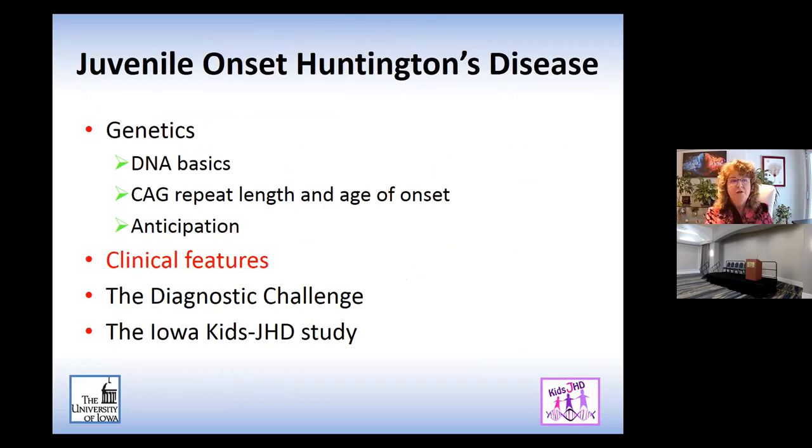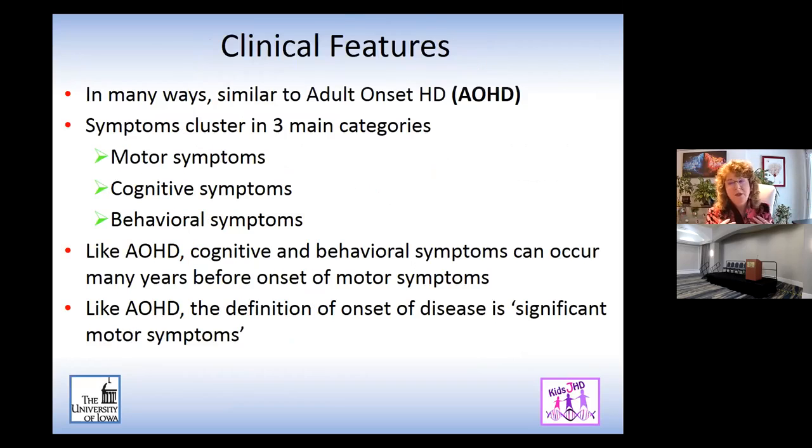So what about the clinical features? In many ways, it's the same disease as adult onset. There are three categories: motor, cognitive, and behavioral. Like AOHD, and I'm going to use that to refer to adult onset Huntington's disease, cognitive and behavioral symptoms can occur many years before the onset of motor symptoms.